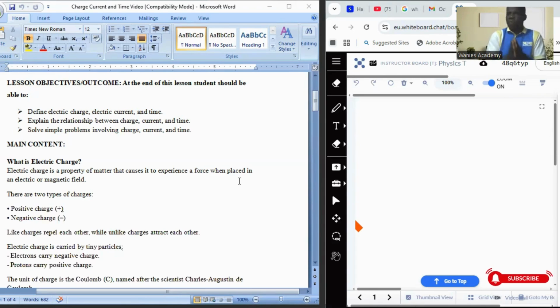So we have 2 types of charges. We have what is known as the positive charge.